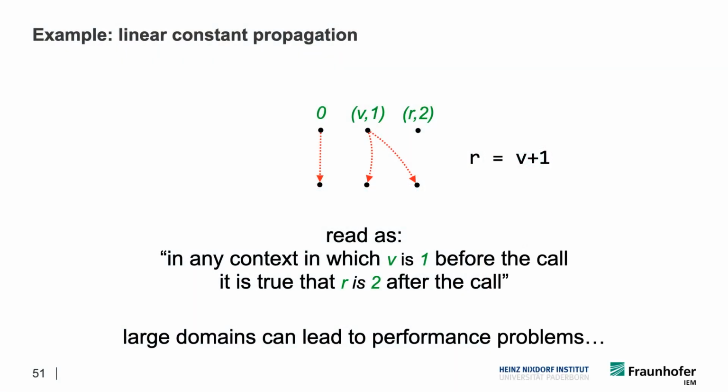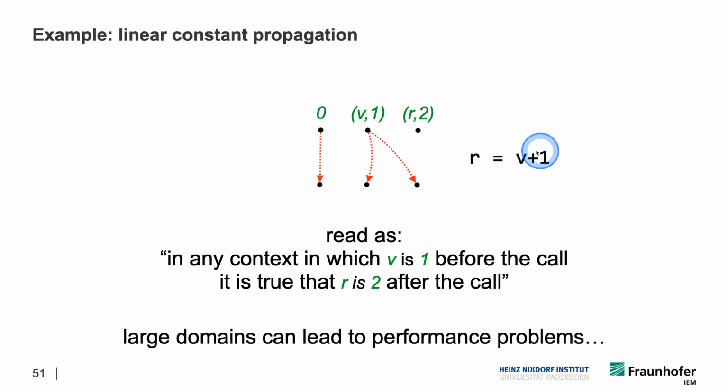So let's assume we want to encode into IFDS the problem of linear constant propagation. I've explained this before. If you have a general constant propagation, then in such statements you could have dependencies on two variables, right? So you could have something like v plus u, for instance.